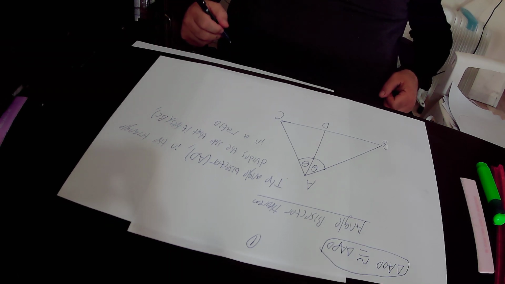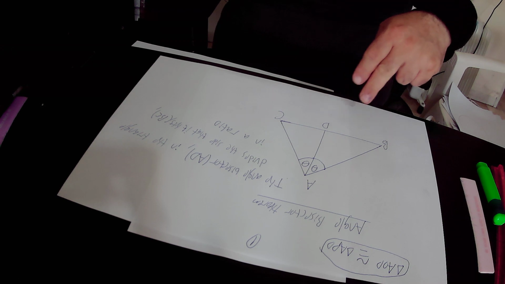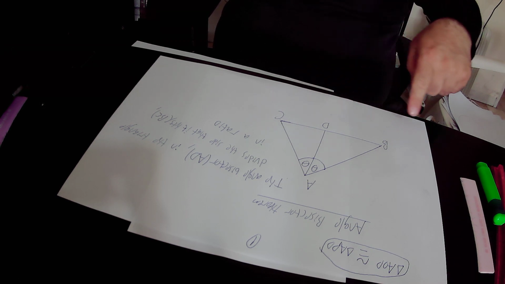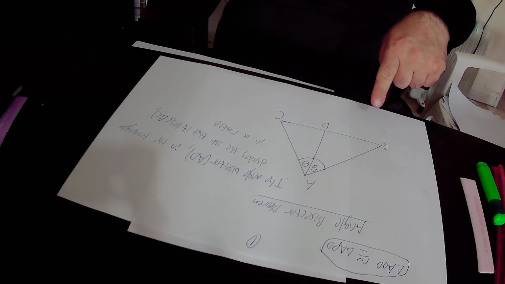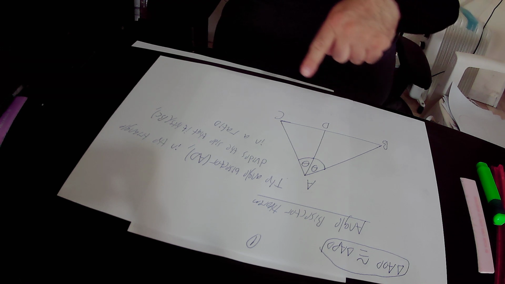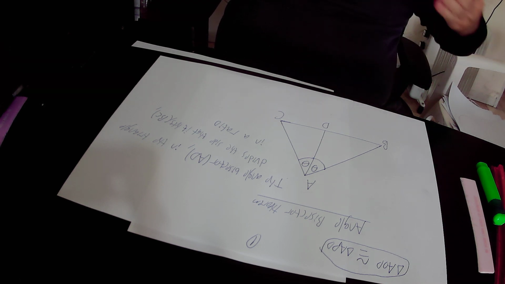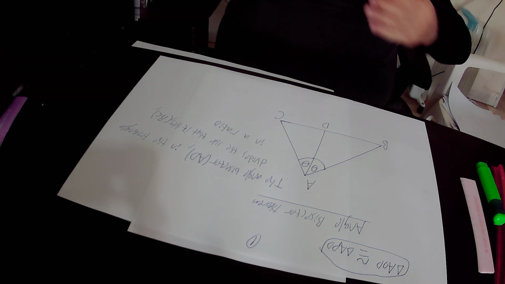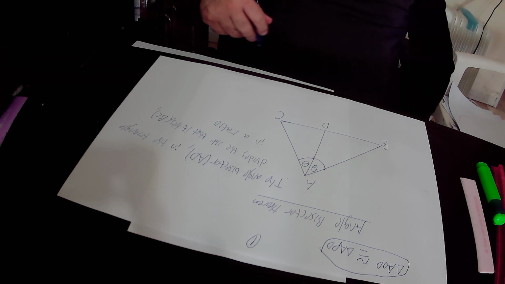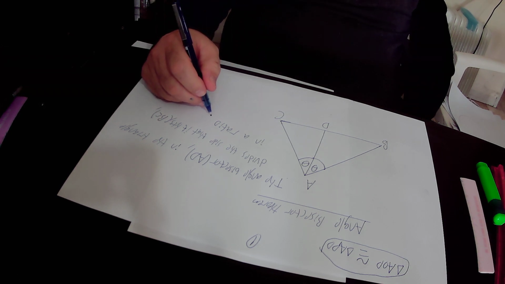As I already said, angle bisector AD divides side BC into two parts. The first part is BD and the second part is DC, and the ratio between those two parts is BD over DC.